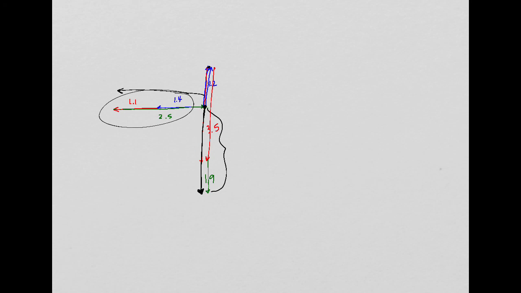So what we need to do is add 3.5 plus 1.9, because those two vectors are in the same direction. This red one and this green one are in the same direction. So we get 5.4 going down, but we have to subtract this 1.2 up here because it's going in the opposite direction. So when I do that, I get this arm is 4.2 kilometers, in fact.